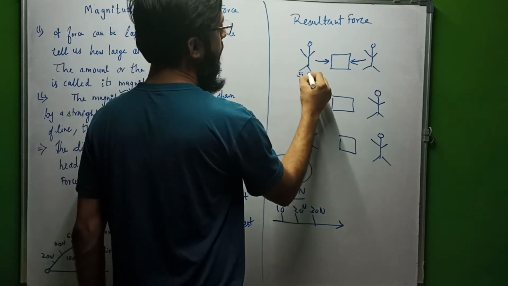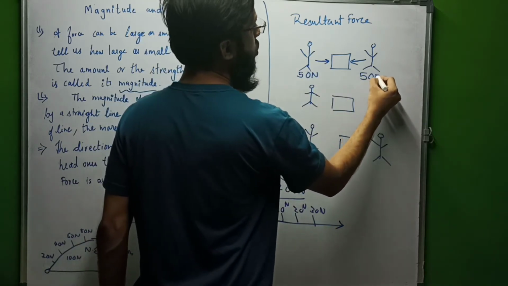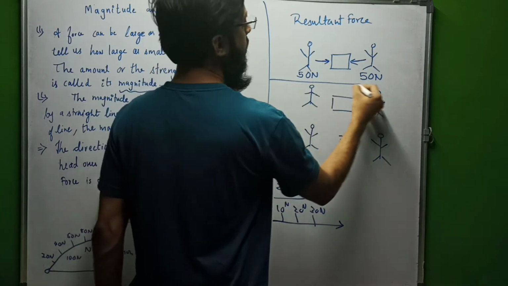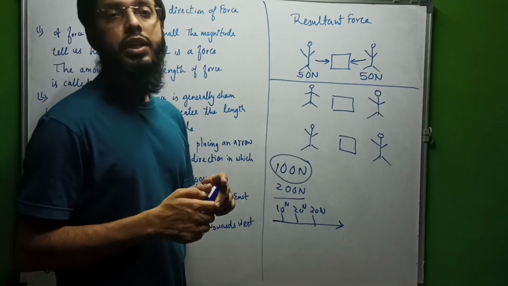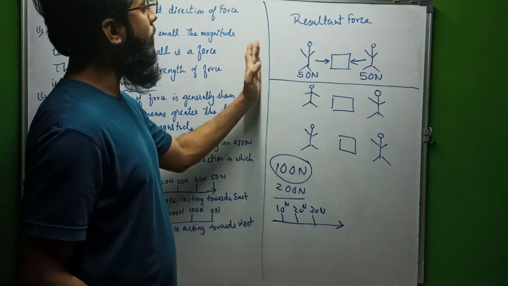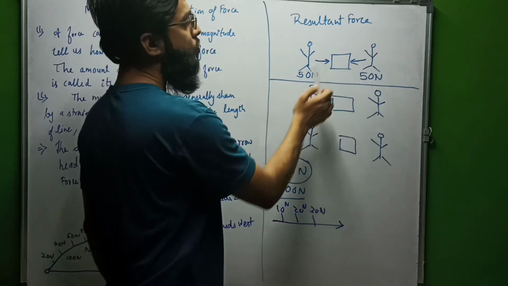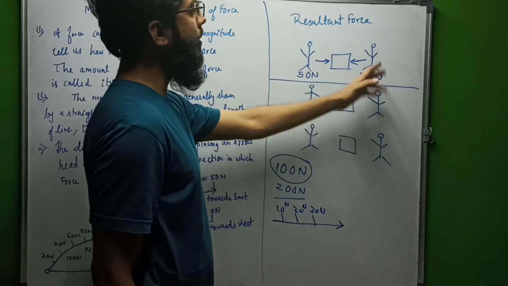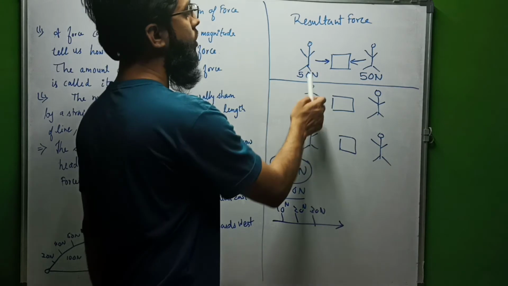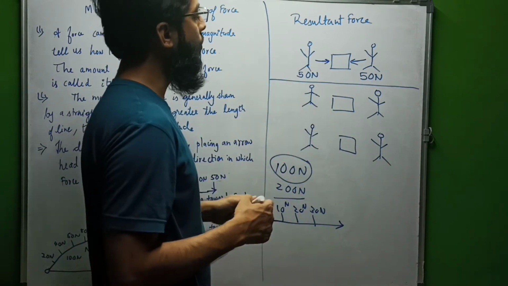If this person applies 50 Newton of force and this person also applies 50 Newton of force, then the resultant force will be 0. Both persons are applying the same force, so the box will not move. Here we have to subtract, so the resultant force will be 0.